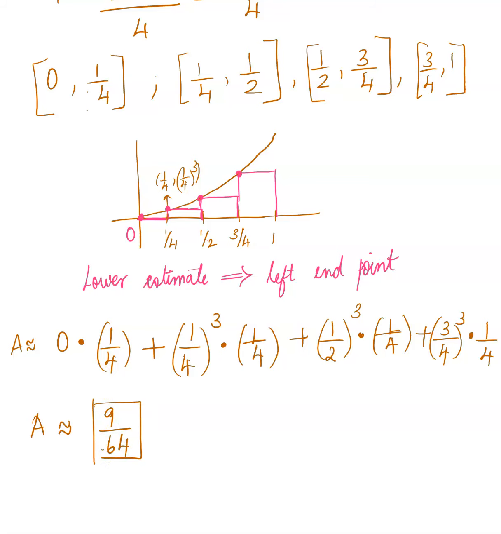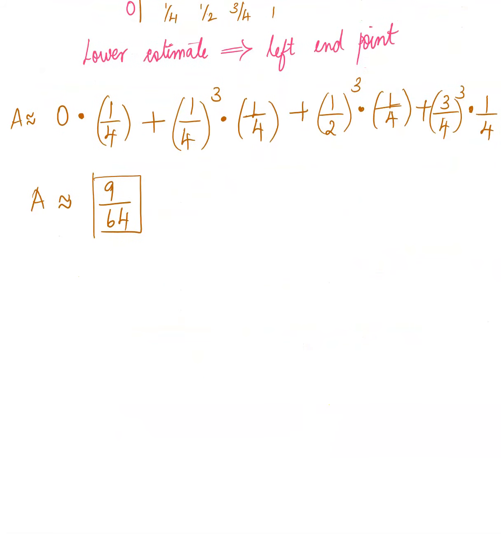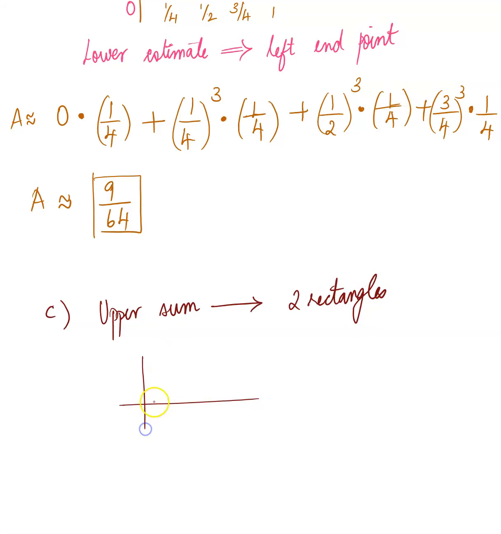So keeping this in mind, for part C and D, you can definitely do it the same way as we've done parts A and B, but I just wanted to compile the details we have. Okay, for C, we want to do the upper sum for 2 rectangles, and because we've seen it already, this will be a half point, this is 1.